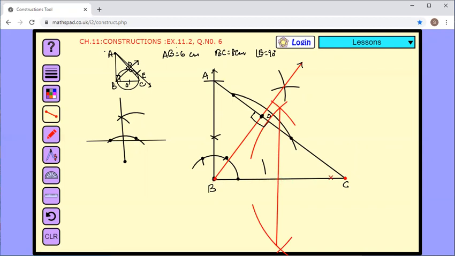That's why I bisected the line segment BC. So here I got the center of the circle, that is O.